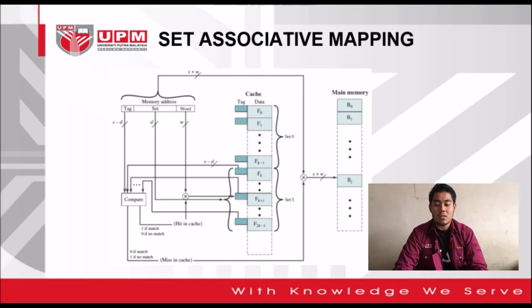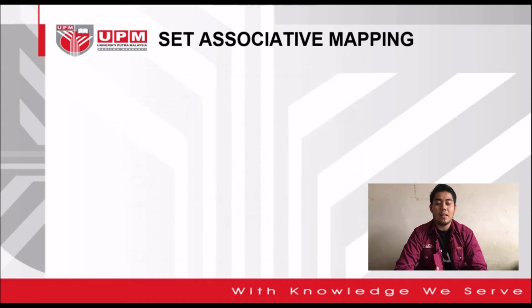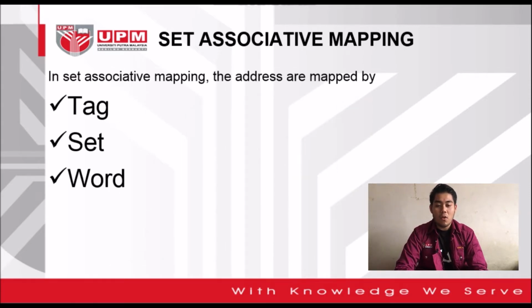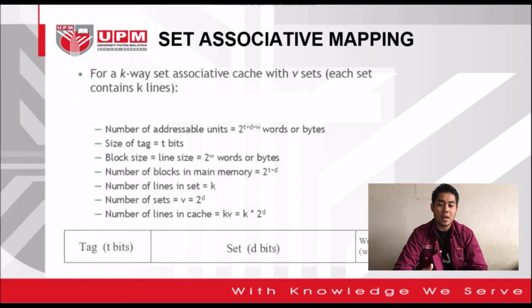After all the processes have been through, it is delivered to the output part. In set associative mapping, the address is mapped by tag, set, and word. For X, I will call it X ways, because we don't know whether we are going to make a 2, 4, or 8 ways associative cache.